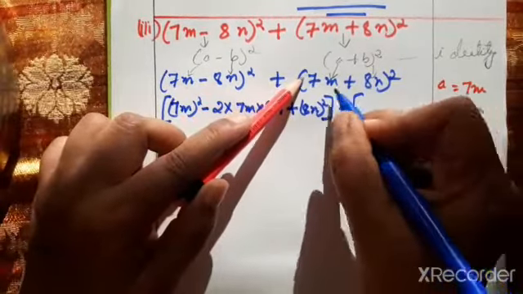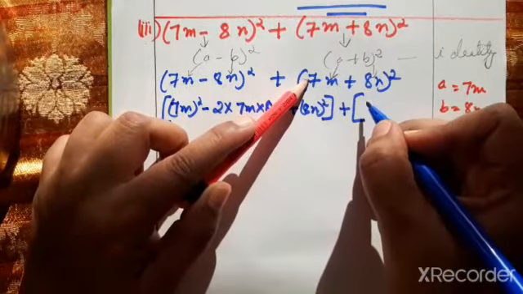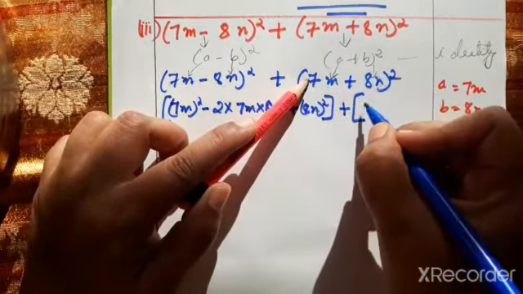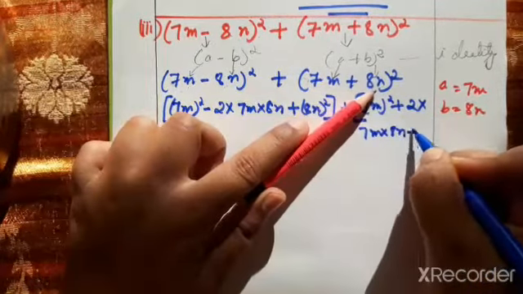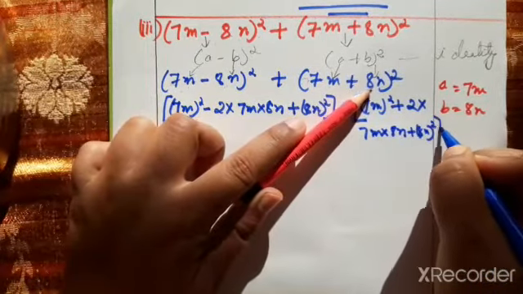Plus, here we are using the (a + b)² formula: a² + 2ab + b². So (7m)² plus 2 into 7m into 8n plus (8n)².